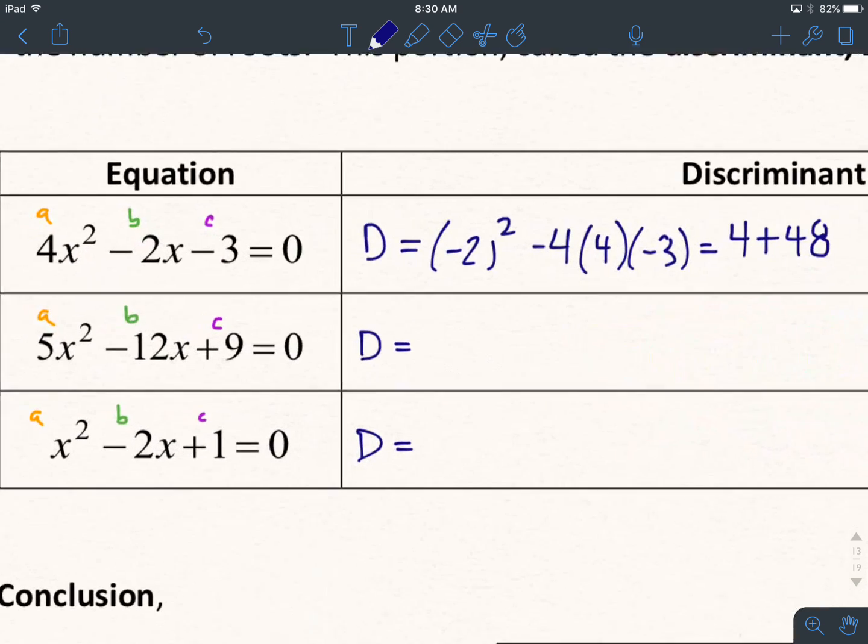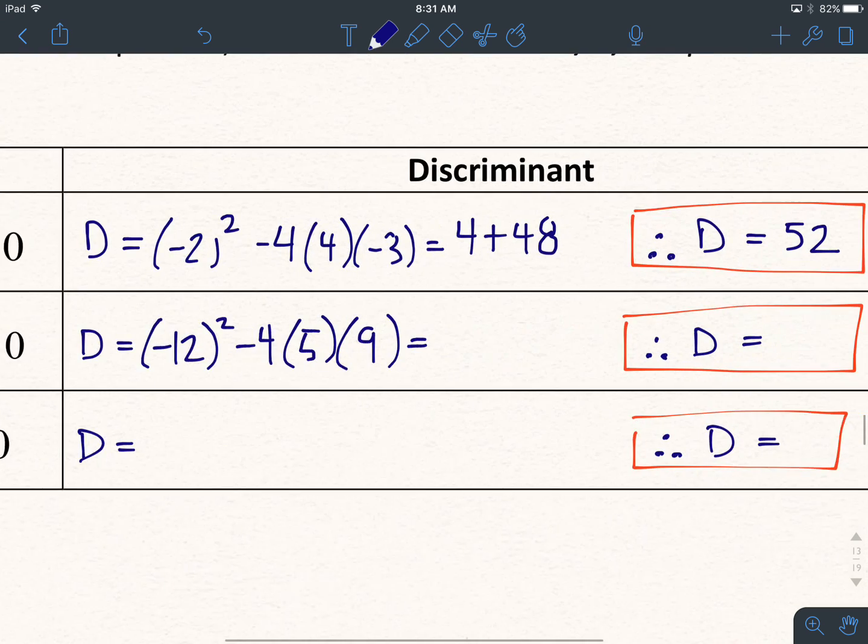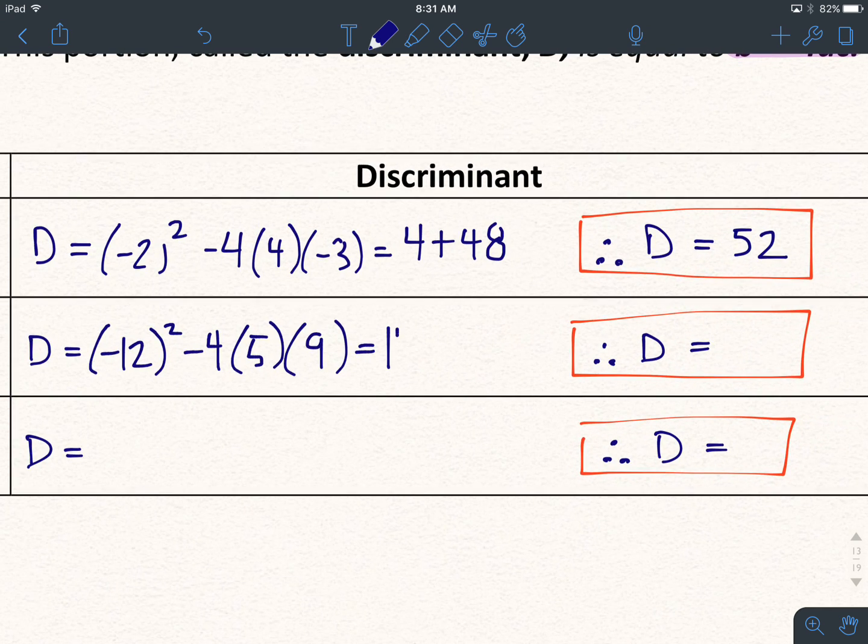Let's have a look at the second example. We're going to do our b squared minus 4 times a times c, and that's going to give us 144 minus, let's see, what is that? Oh, math.